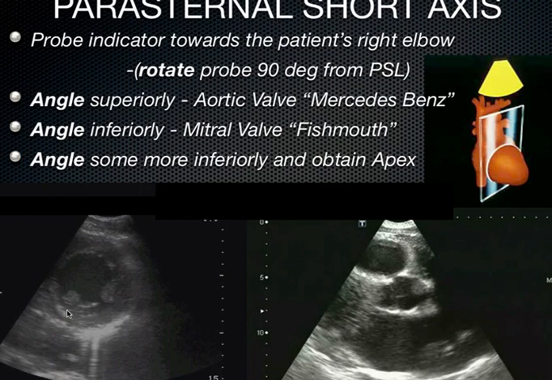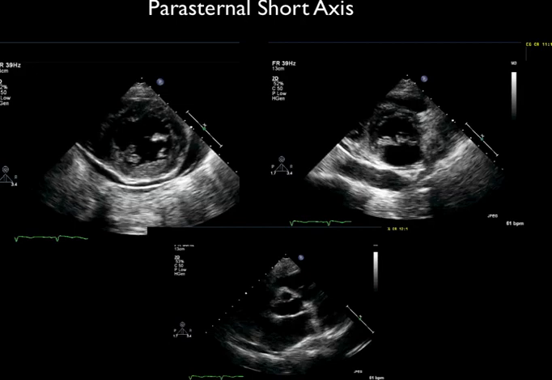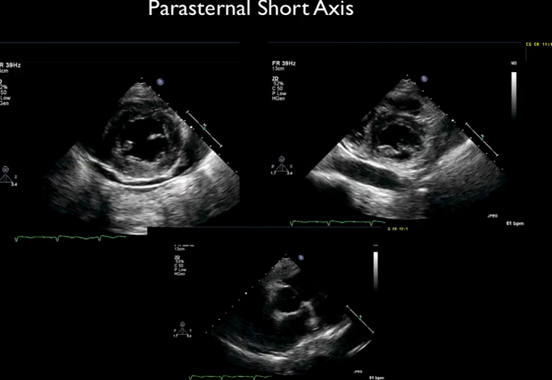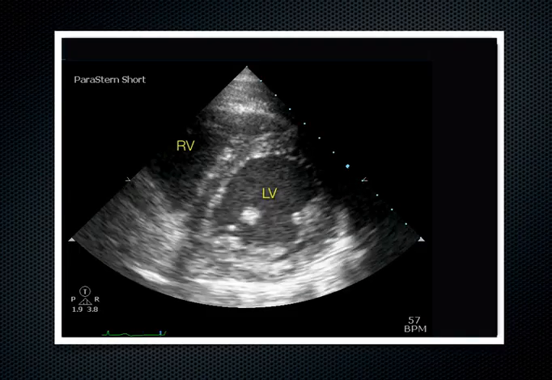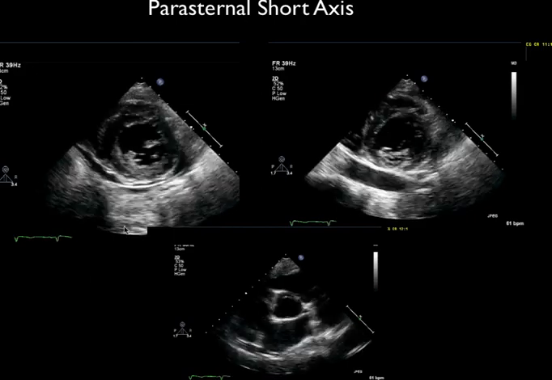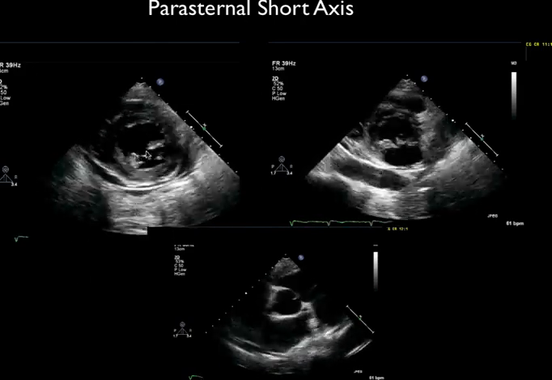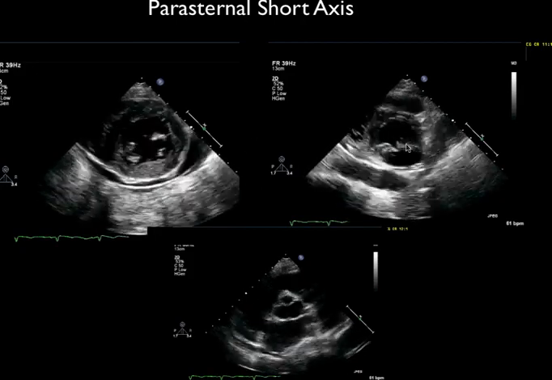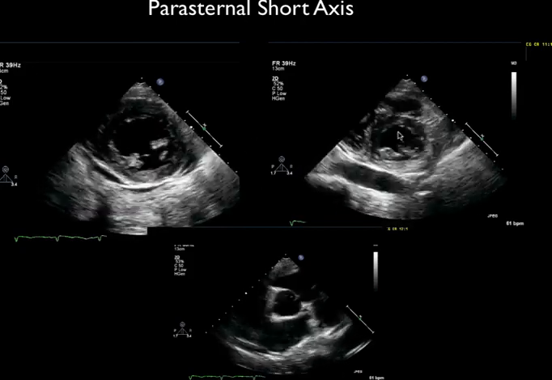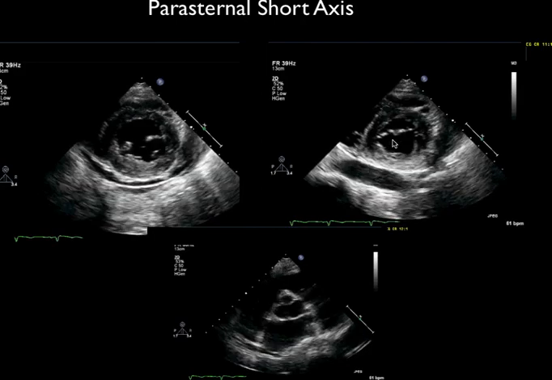So you've got the probe in the same plane, but you can just be at different cross sections. Here we are, again, very distally at the mid-pap view, the papillary muscles we see there. We get a little more proximally, and we can see that fish mouth view of the mitral valve.